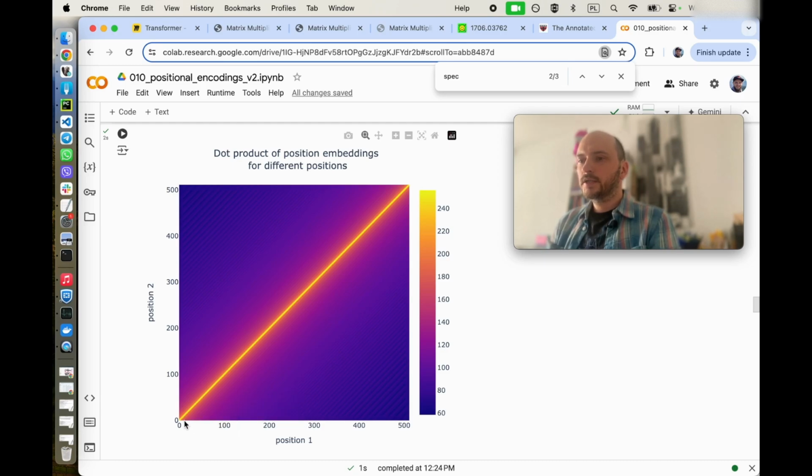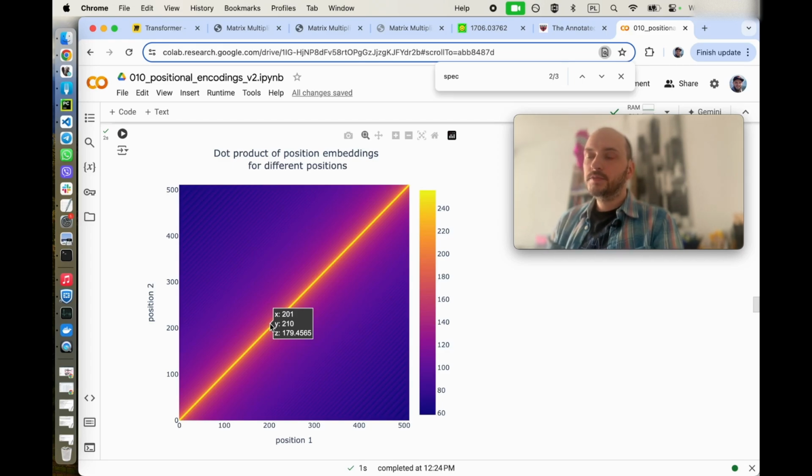So what will be the dot product of the encoding at a given position by the encoding at some other position? And as expected, the dot product is the highest on the diagonal. So if you multiply a vector by itself, you will have the highest dot product if the magnitudes of the vectors are the same. And as you see, we still have quite a high value on nearby positions. So if we multiply the embedding for position 200 with the embedding for position 210, the result will be almost maximal.